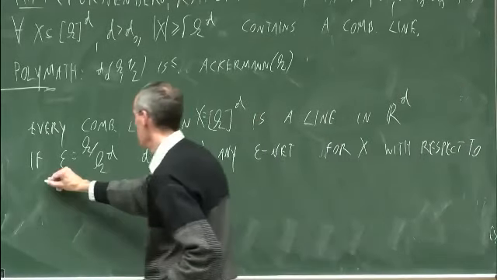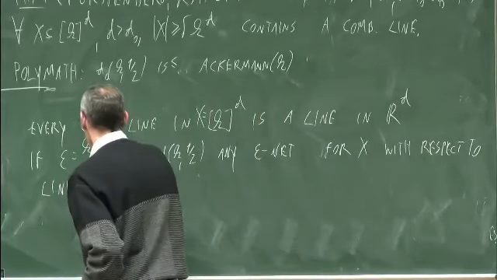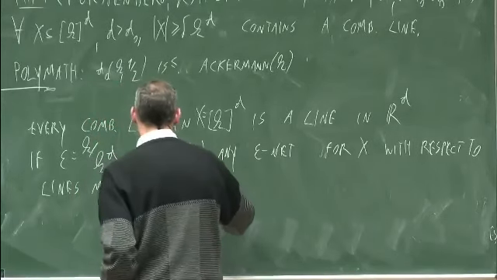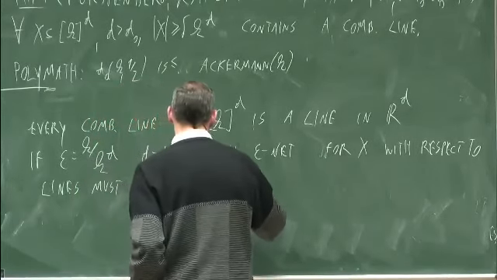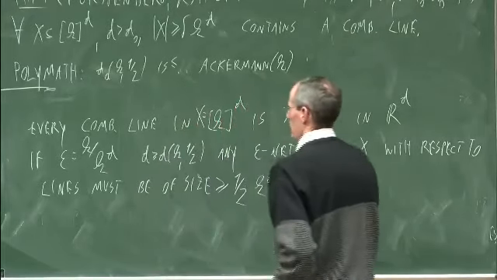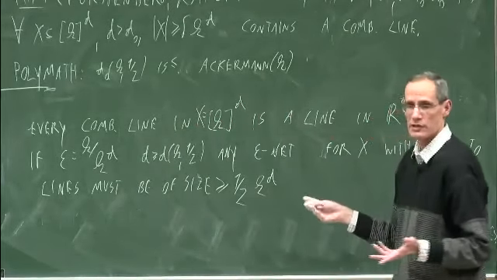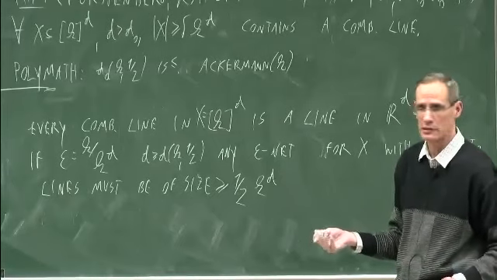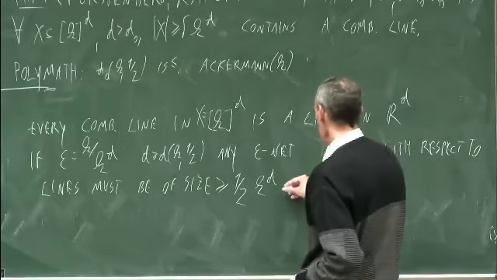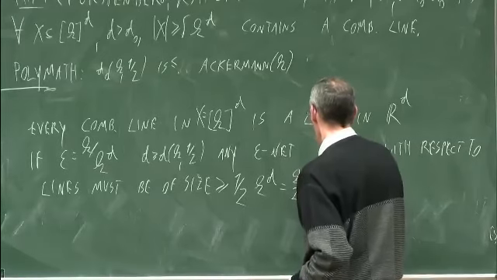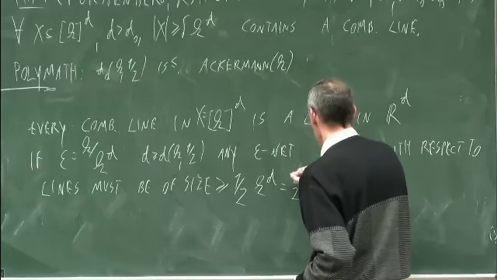must be of size at least half k to the d, because the complement of it cannot contain a combinatorial line. And this half k to the d is equal to k over 2 times 1 over epsilon.